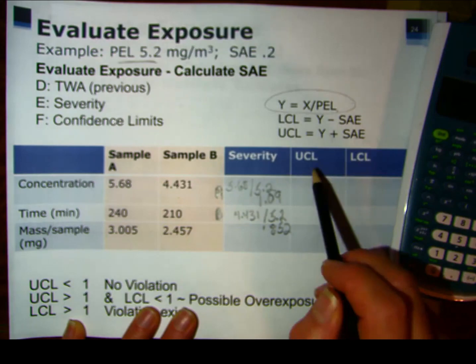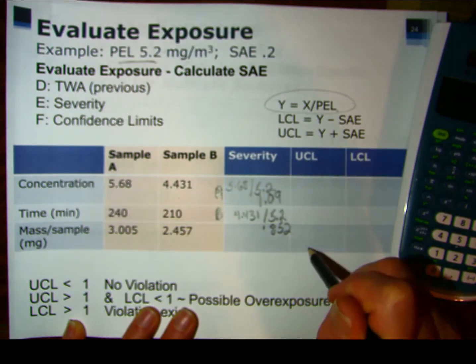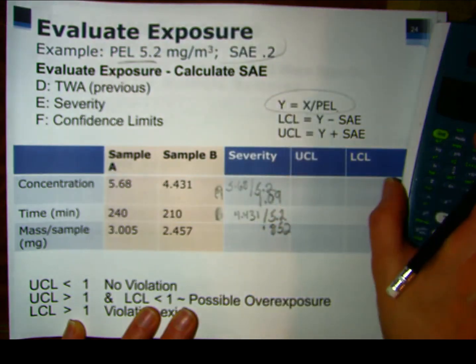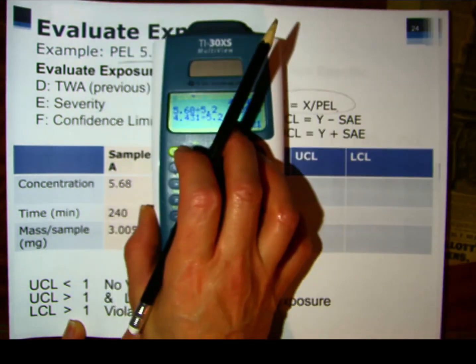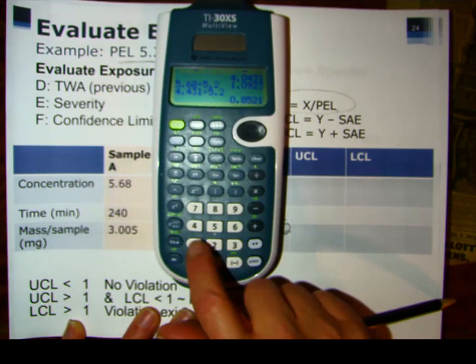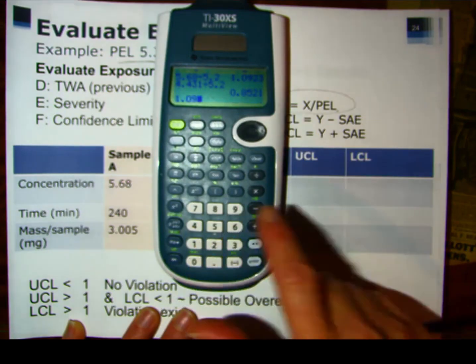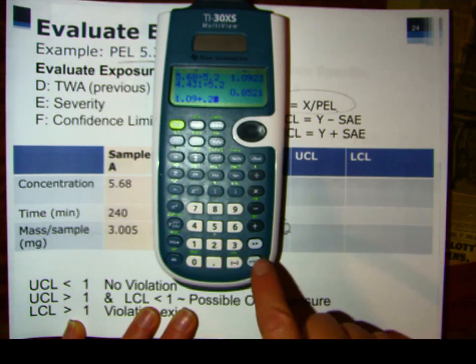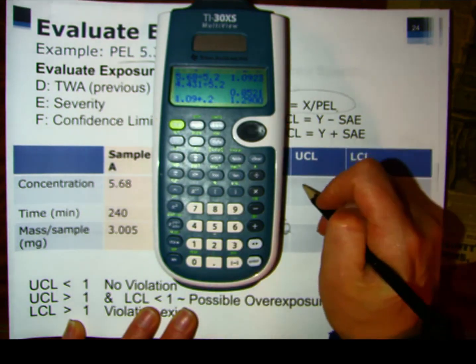Now let's calculate our upper and our lower exposure limit using our standard analytical errors. So I have 1.09 plus 0.2. 0.2 is given from the lab.